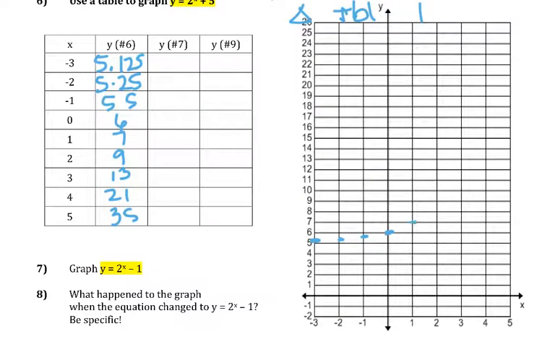Then I'm going to go up to 7, and then I jump up to 9. And then we start jumping a lot faster because that's how exponential growth works. And so if I graph this equation, it's going to be looking like this.